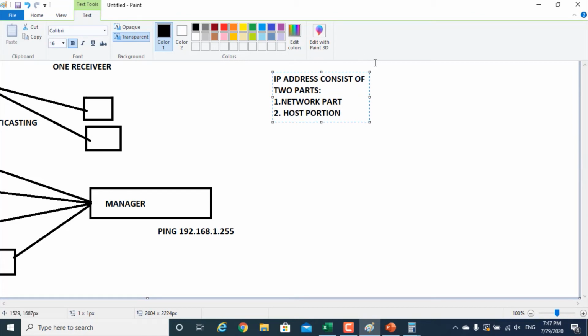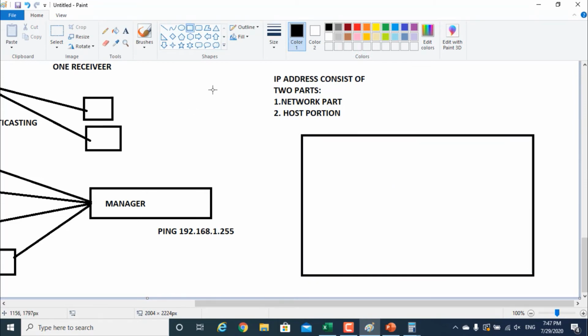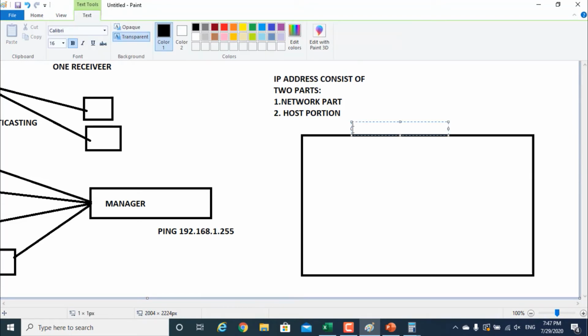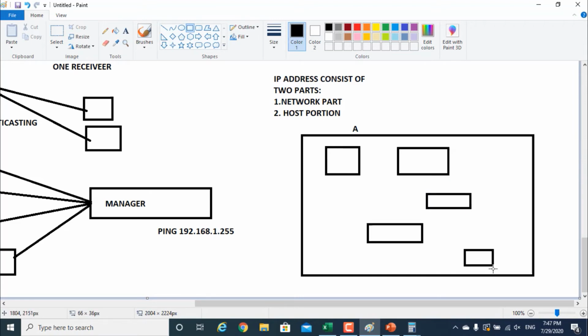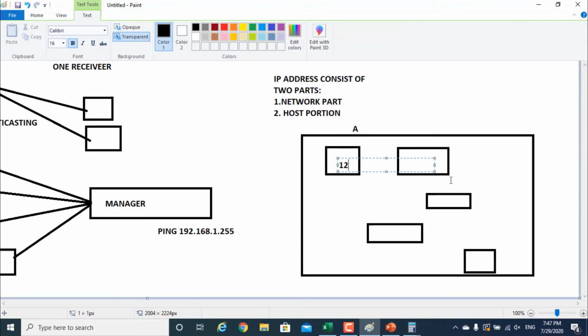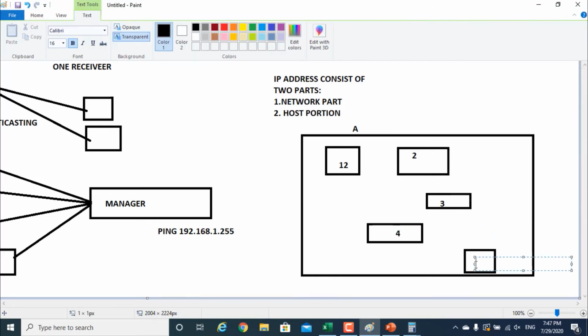What does it mean? For example, here's a building, and let's say this building's name is building A, and inside this building we have so many flats available. These flats have their own numbers, for example 1, 2, 3, 4, 5.